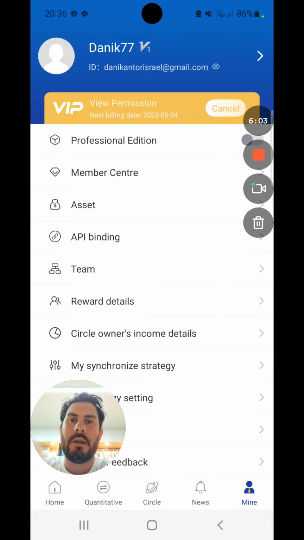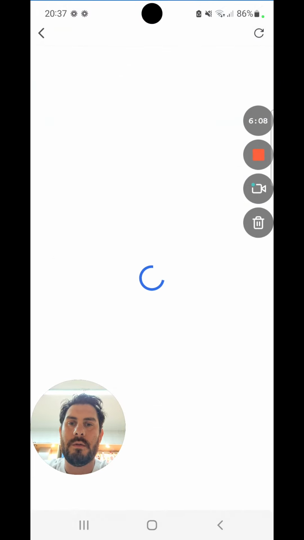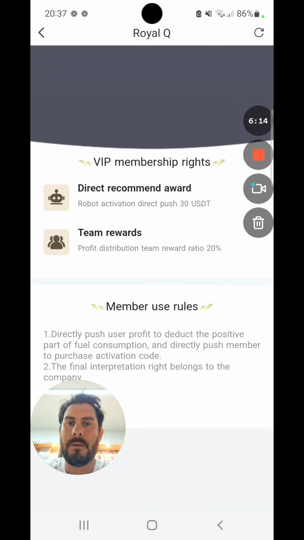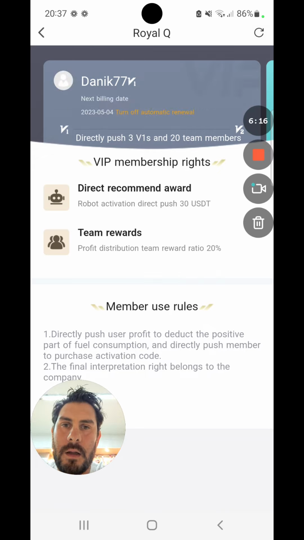And if I click here, member center, wait 1 second. Okay, here, exactly. You can check that I'm V1, that's my level, and it's saying that to go to V2 I need to sell the app to 3 persons and another 20 persons, so it will be 23 persons.